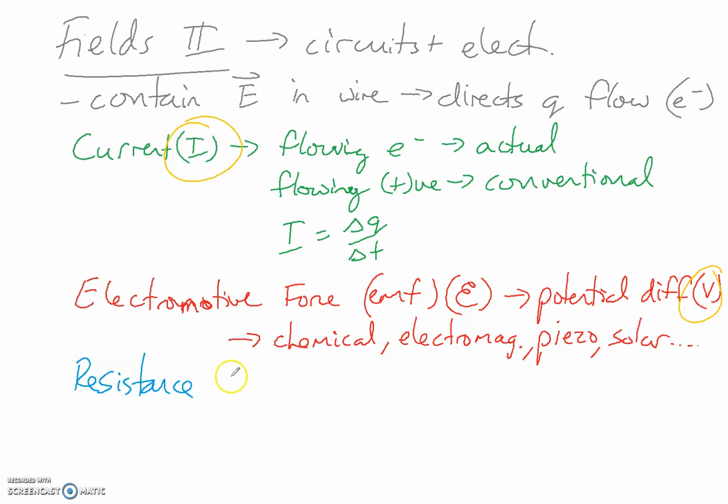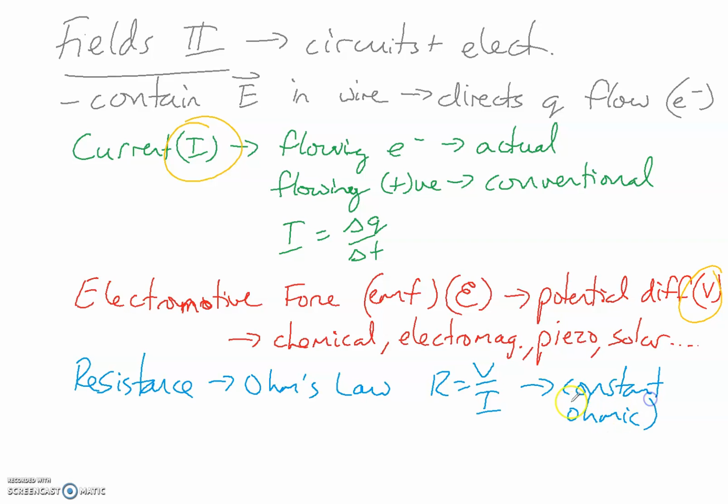But most people know about resistance, and of course, this is where Ohm's law comes in that you did in grade 9, where resistance is V over I. And if this value is constant, then the resistor is what's referred to as ohmic. So typically you want resistors to have the same resistance, and if they do, they're called ohmic.